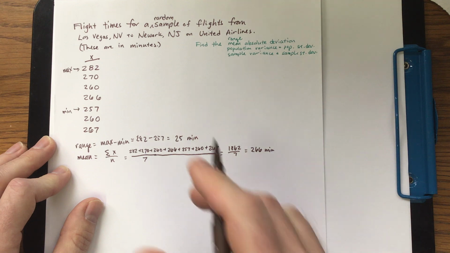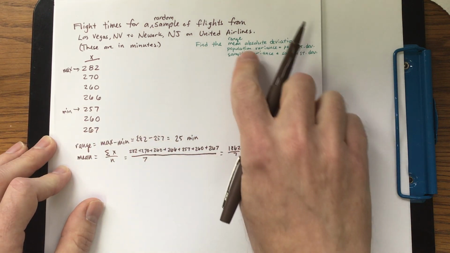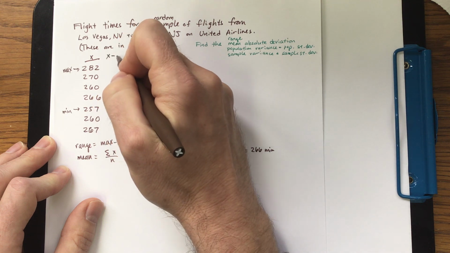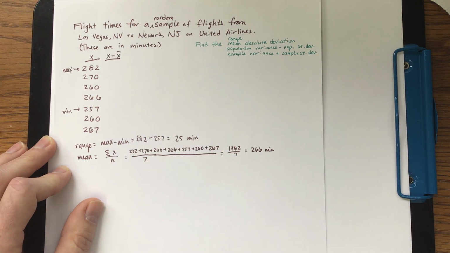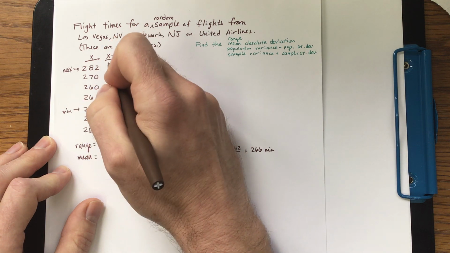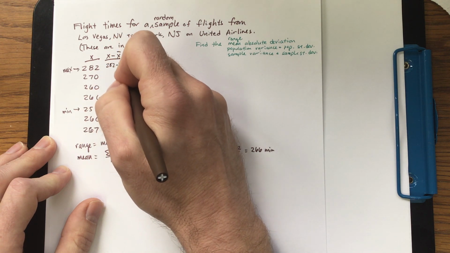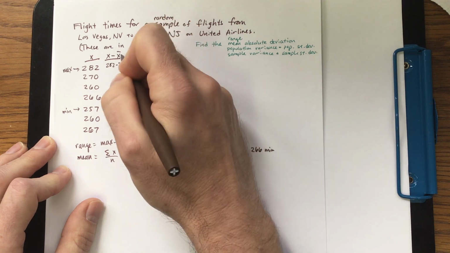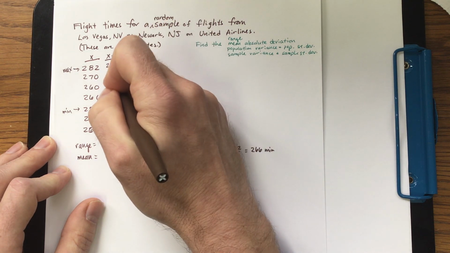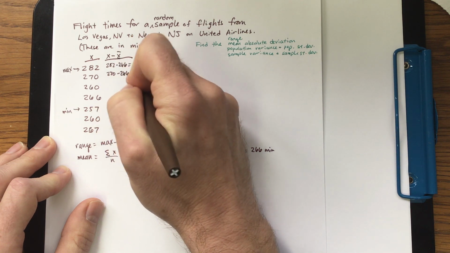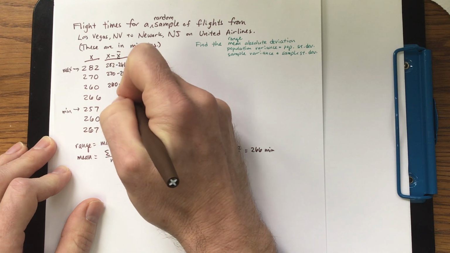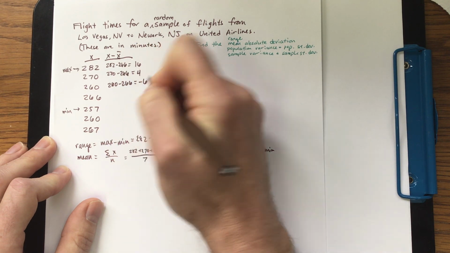That's the mean. To find the mean absolute deviation and really all of these other things, I have to find the deviation. What is the score minus the mean? So I need to take 282 minus 266, and that gives me 16. And then 270 minus 266, and that is 4. 260 minus 266 is negative.